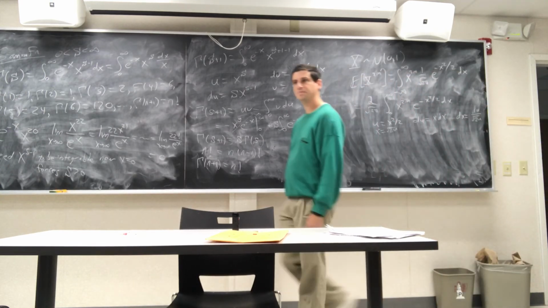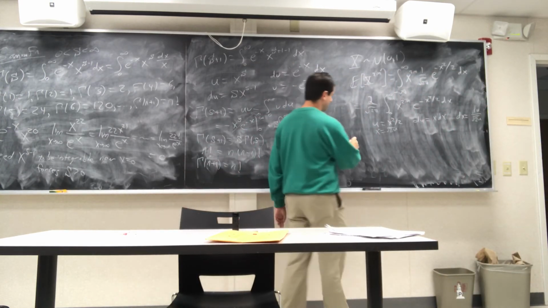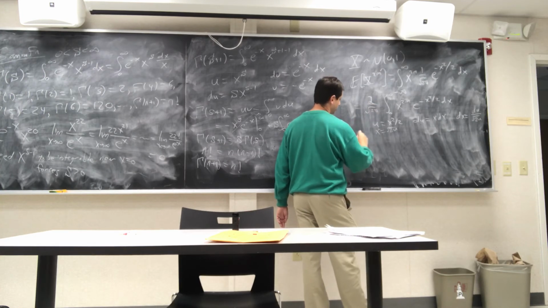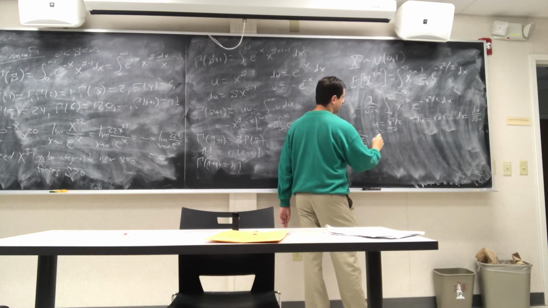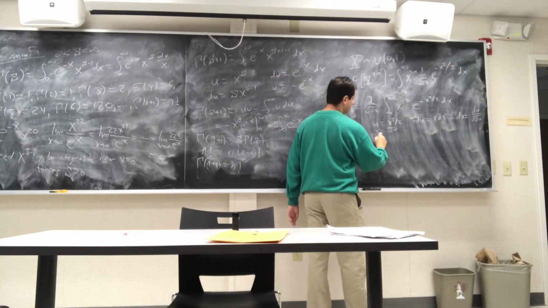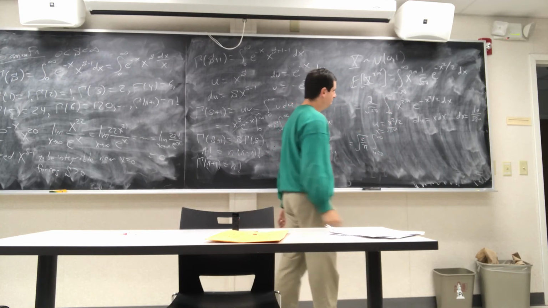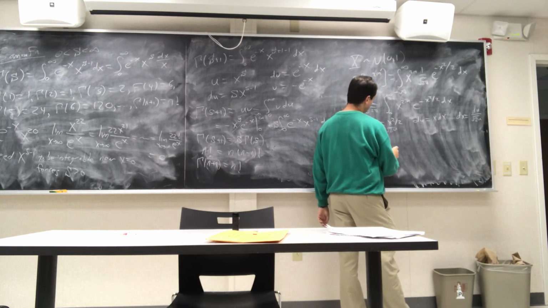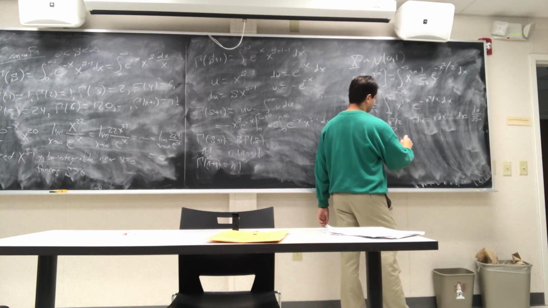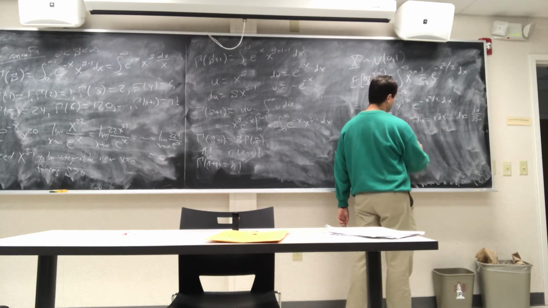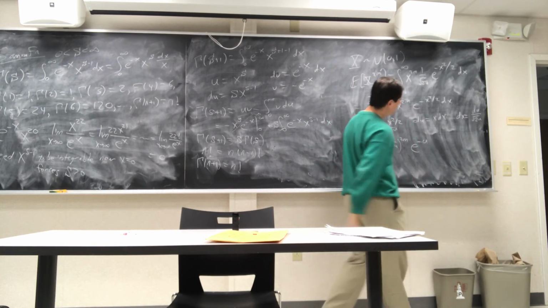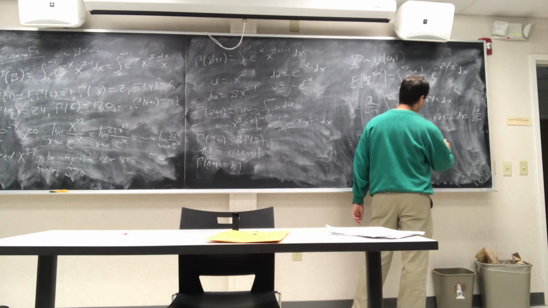So my integral becomes the square root of 2 over pi, times the integral where u goes from 0 to infinity, because as x goes from 0 to infinity, u goes from 0 to infinity. x to the 2m becomes square root of 2u to the 2m, and then e to the negative u, and then dx is du over square root of 2u.